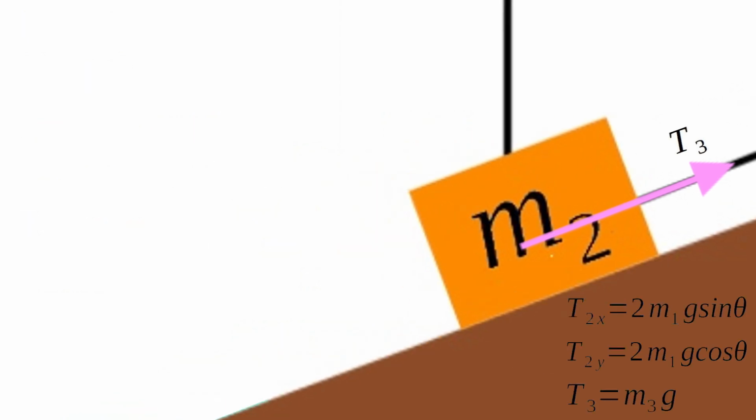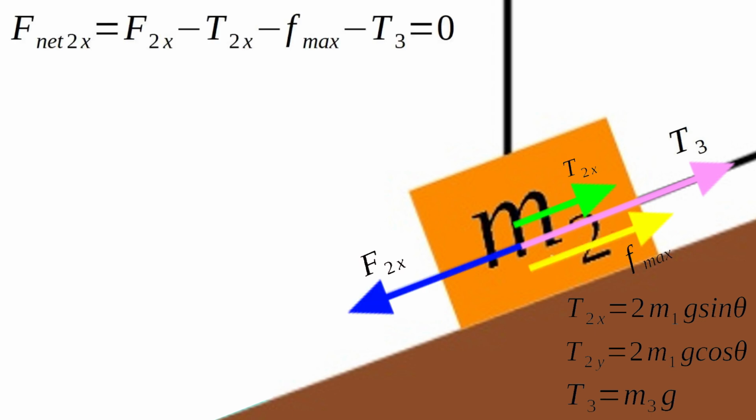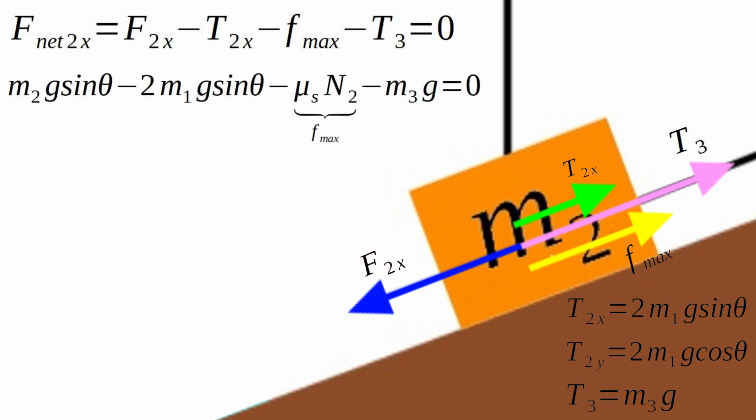So we add up all the forces on each axis, and we have F net 2x equals F2x minus T2x minus the friction force F minus T3, all equal to 0, which is m2 times g times sine of theta minus 2 times m1 times g times sine of theta minus the friction force. The formula of the maximum static friction force is mu s times N2, minus m3 times g equals 0. Now let's find N2.